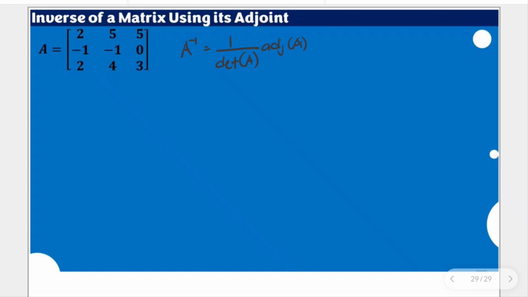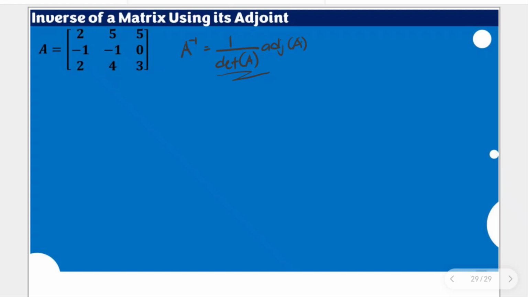Aside from it being a requirement here, this process of solving a matrix using its adjoint is a result of a theorem, and part of the requirement for it to be possible is that the matrix A is invertible. So we can determine that using the determinant as well. So let's try to solve for the determinant first.